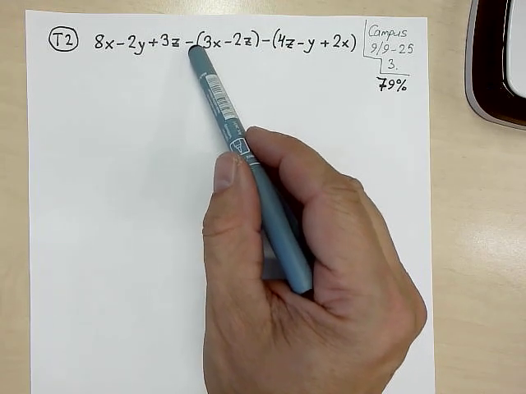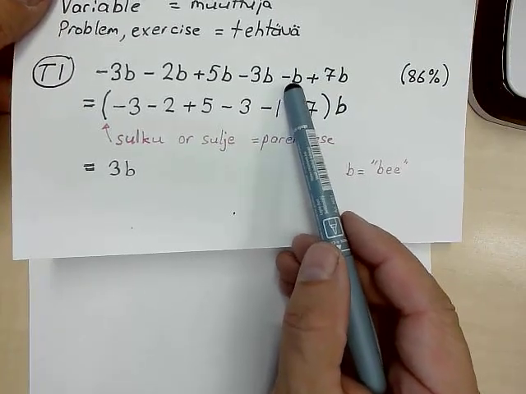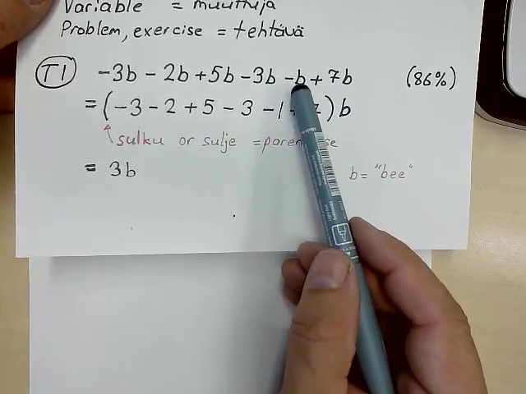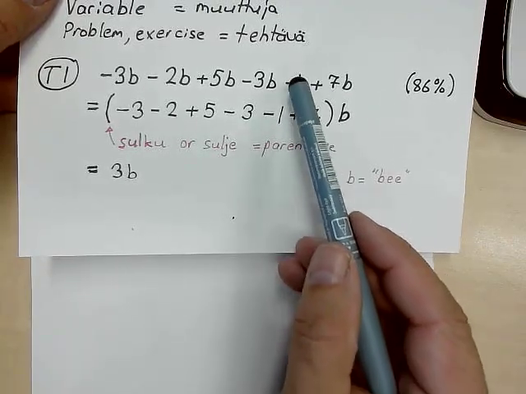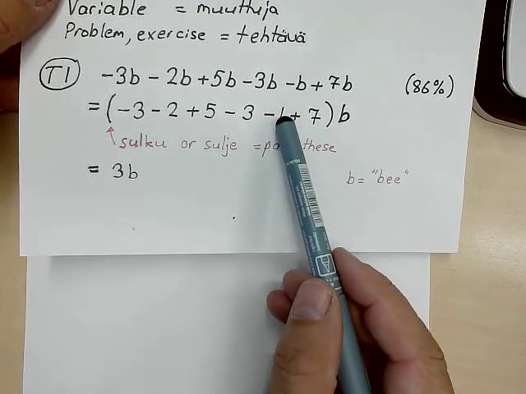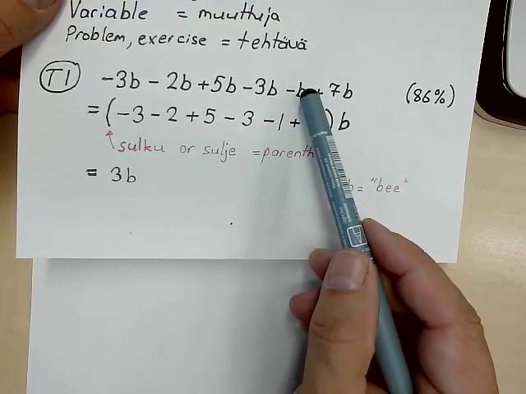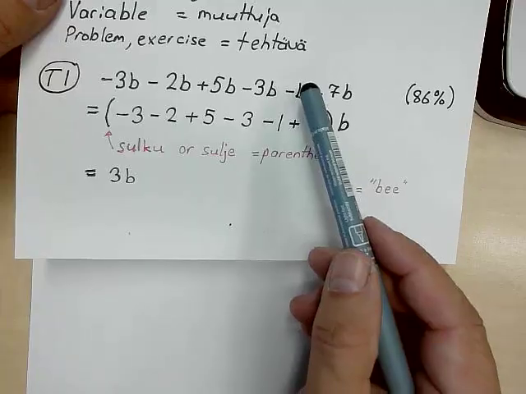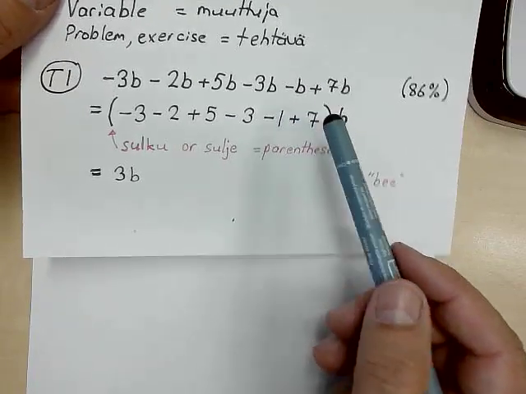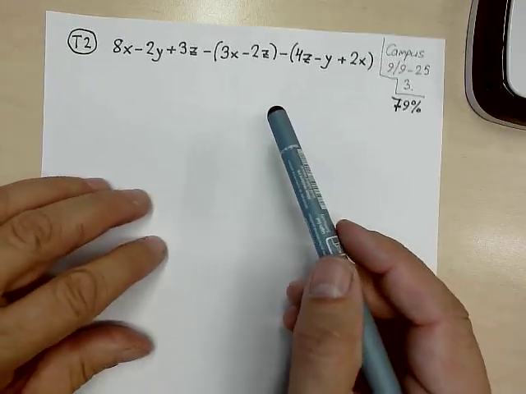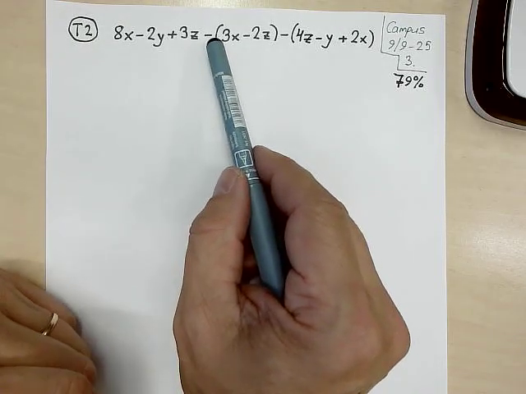Actually, here is almost the same situation as with the minus sign in front of letter B, and we noticed that minus actually means -1, so there is a factor of -1 in front of this B. This is -1 times B, and here we may think in the same way.